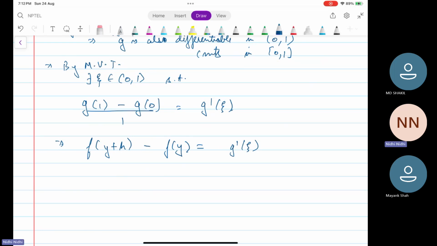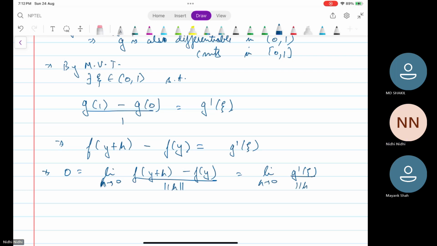Now since the derivative of f is 0, we know that 0 is equal to the limit h tending to 0 of (f of y plus h minus f of y) by norm h, which is equal to the limit h tending to 0 of G dash zeta by norm h.